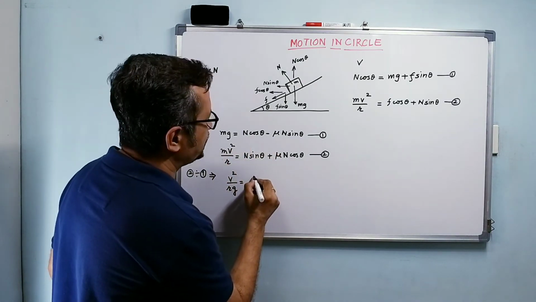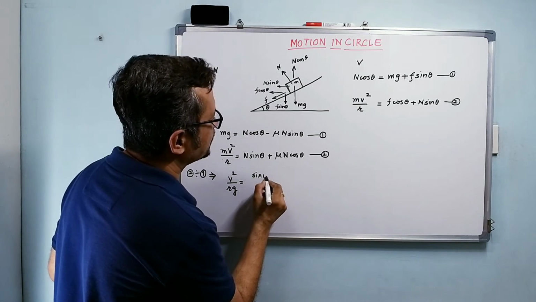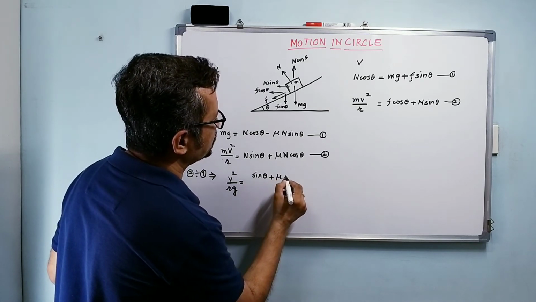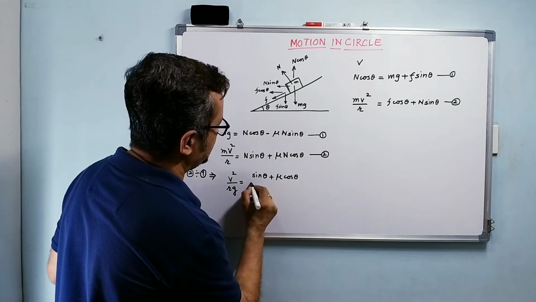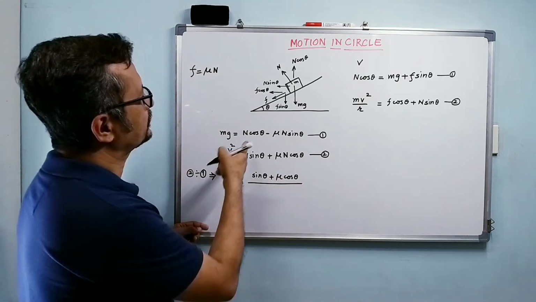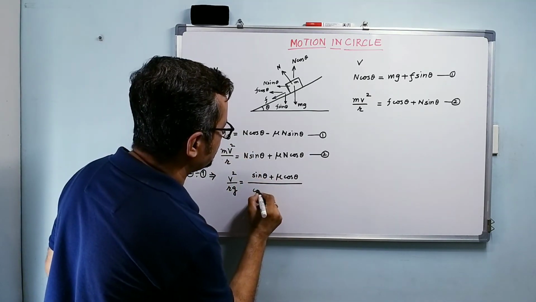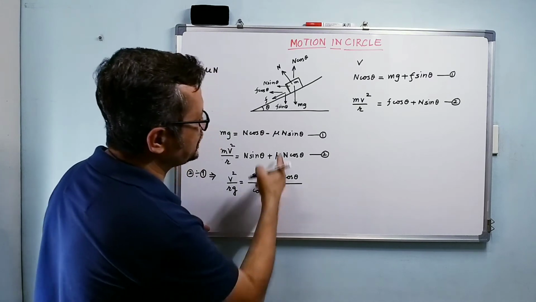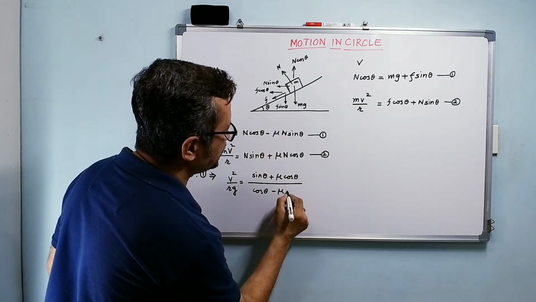What you are left with is sin theta plus mu cos theta upon cos theta minus mu sin theta, right?